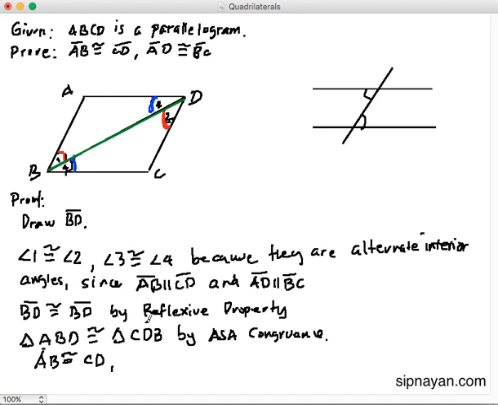AD is congruent to BC. No? So AD is congruent to BC. Kasi corresponding parts sila ng congruent triangles.